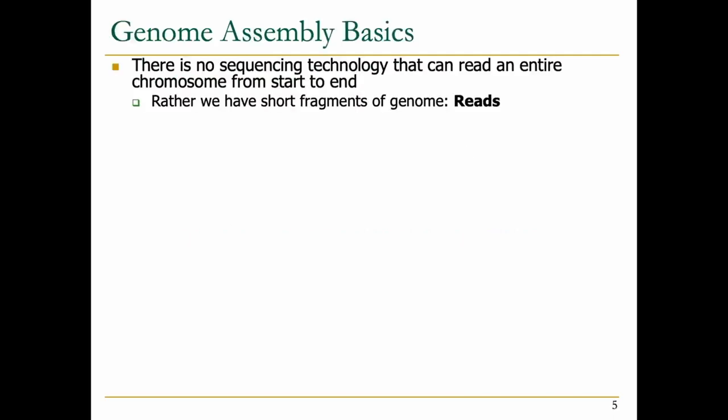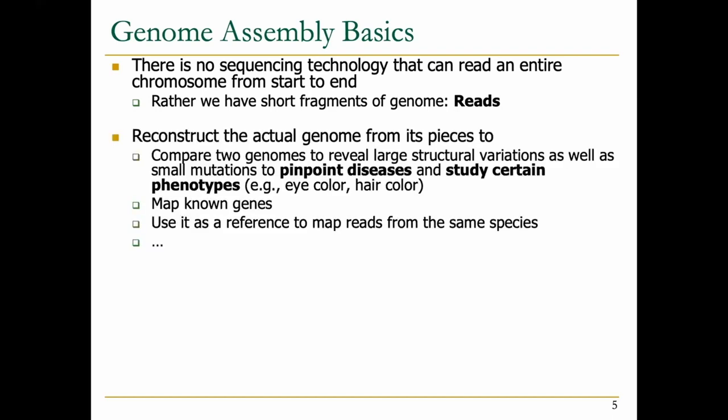So there are some basics in genome assembly. And as I identified, there is no sequencing technology that can read the entire chromosome from start to end. Rather, we produce reads, which are short fragments of a chromosome or of a genome.